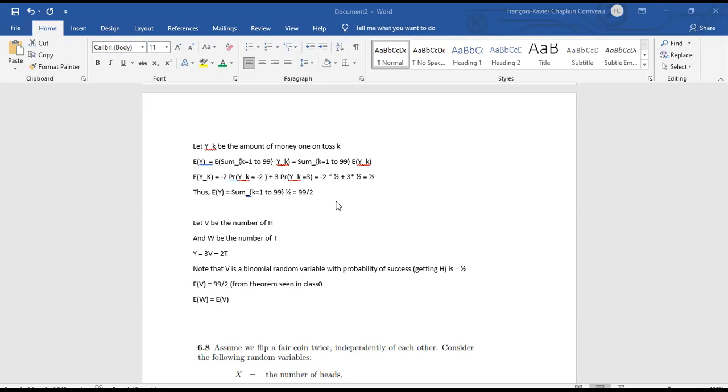So the word identical is important. If your trials change from one to another, then it's not a binomial distribution. The things I'm doing need to be independent and repeated. Repeated means it's the same trial that I'm making over and over.